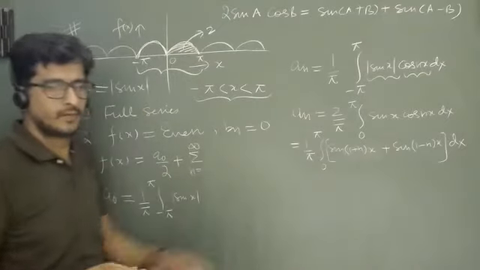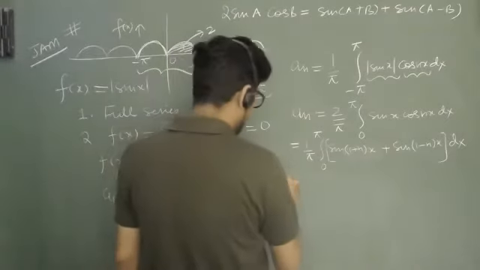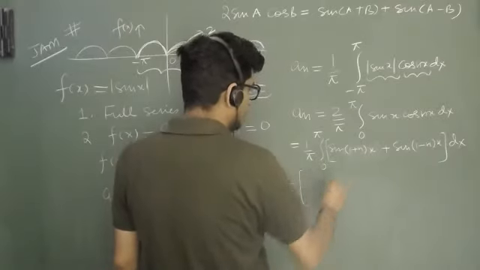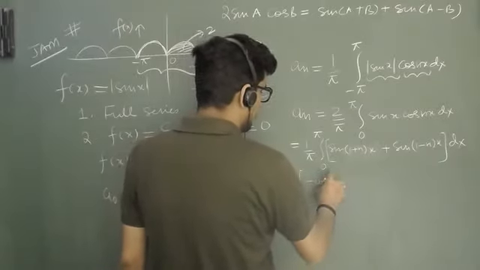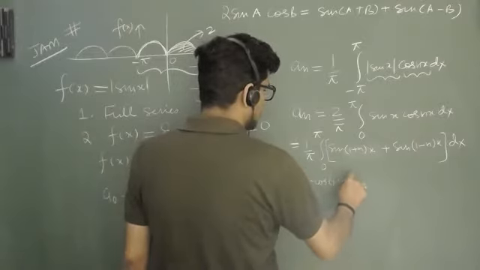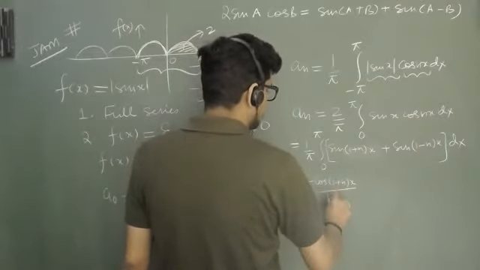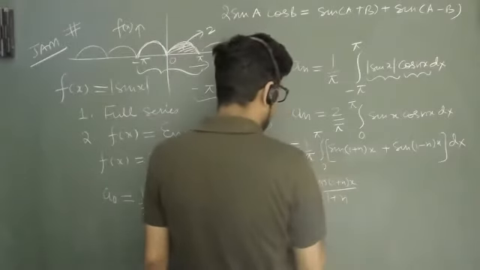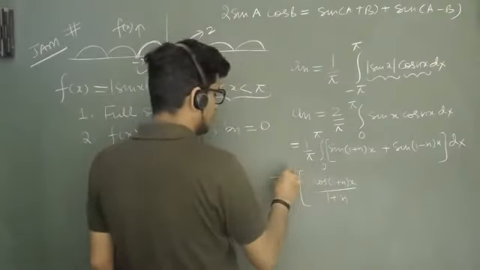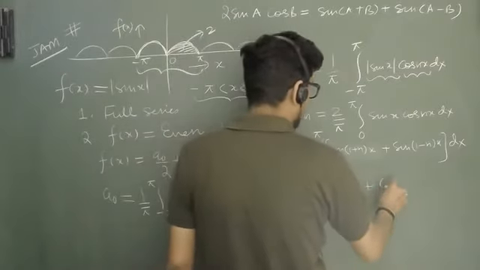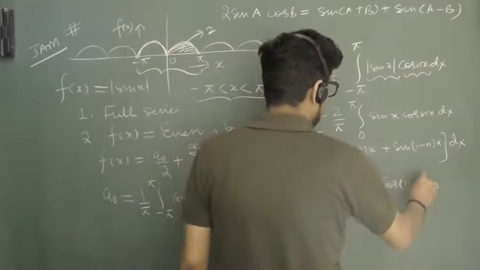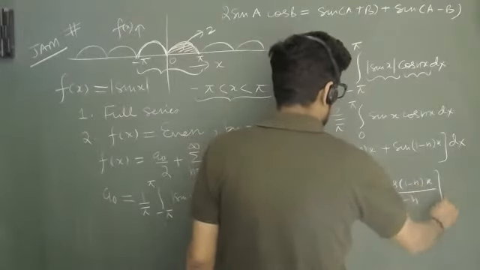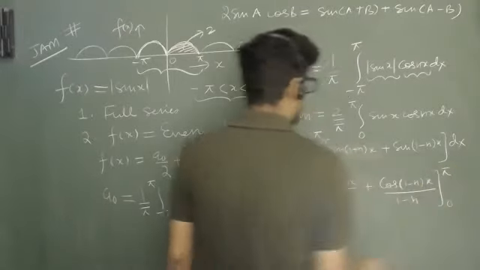So what will be the value of this? It will become 1 by pi. Bolo bhai, what is integration of sine? It is minus cos of 1 plus nx over 1 plus n, and so minus I can take common, it is in both, so it will go outside, it will become cos of 1 minus nx over 1 minus n, and it will become 0 to pi.